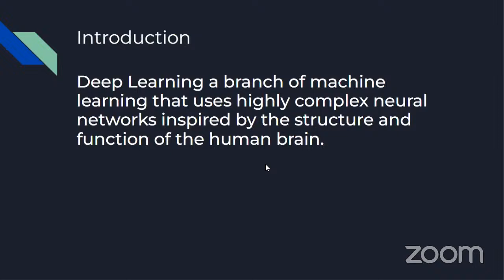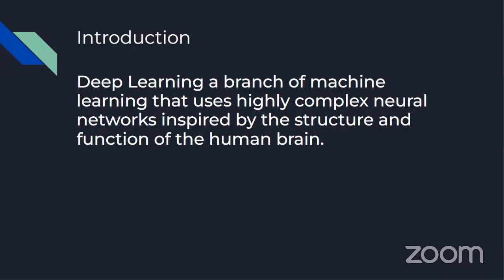All right, so we already know what is machine learning. Now, deep learning is actually a branch, or you can say a subset of machine learning itself. So in machine learning, we have a lot of algorithms like KNN, naive Bayes, supervised learning. We have unsupervised learning algorithms. We have reinforcement learning.